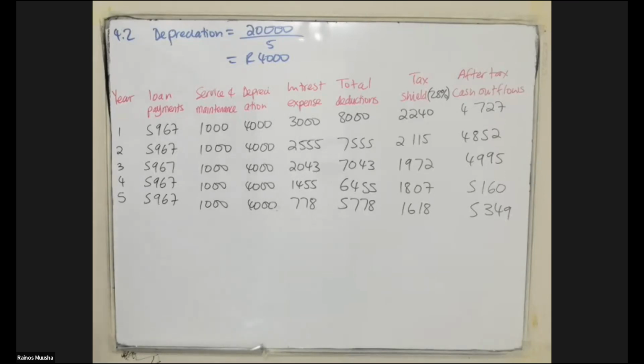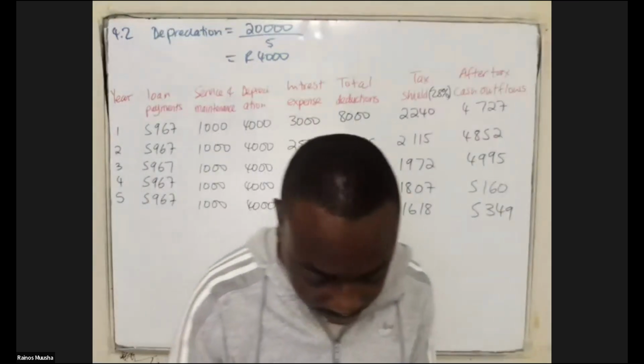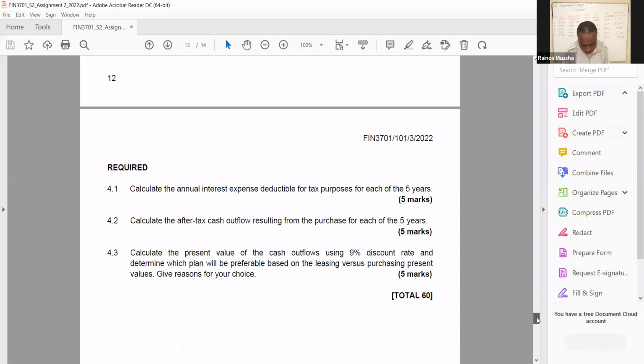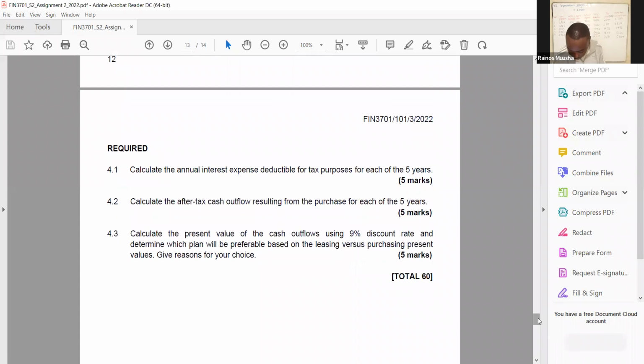So these are the after-tax cash outflows that they were asking us to calculate. So remember the next part of the question, which is 4.2, which was what we're doing, they were asking us to find the after-tax cash outflows, right? Now for question 4.3, they are now asking us to calculate the present value of the cash outflows using a discount rate of 9% and determine which plan is preferable based on the leasing versus purchasing present values as well, and give reasons for your choice, right?